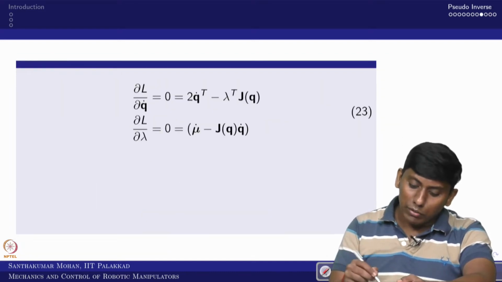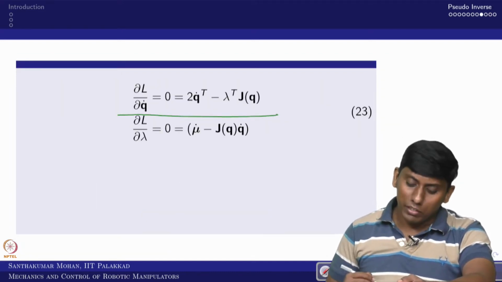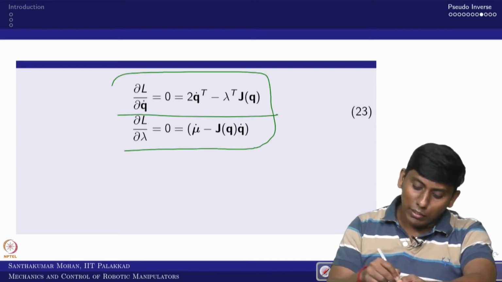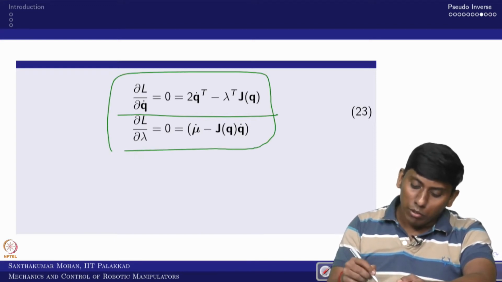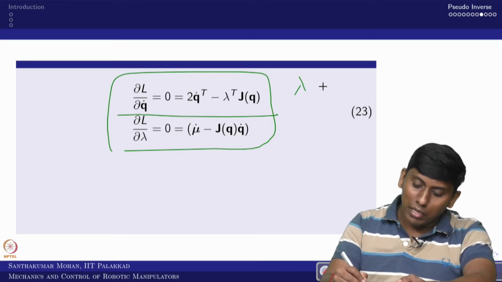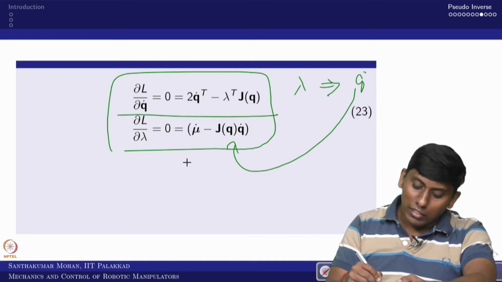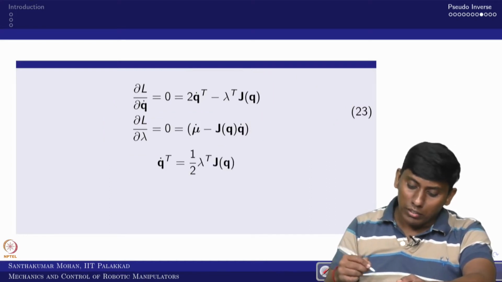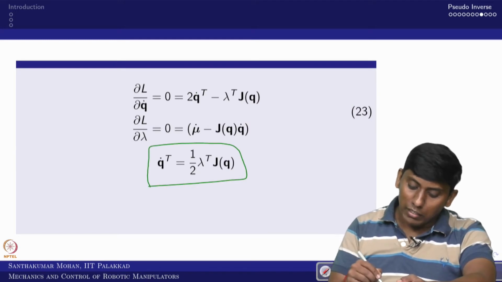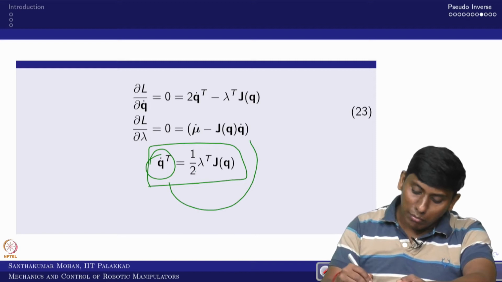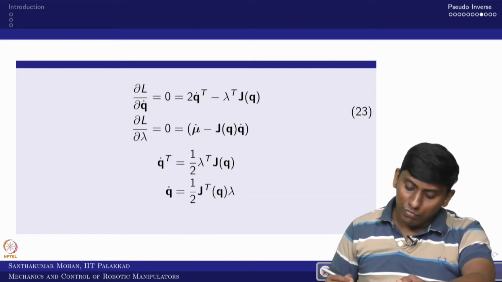First I take the partial differentiation and rewrite this into a meaningful form. I can write lambda in the form of q dot, then I can substitute here, then I can find lambda in terms of mu dot. So the q dot I have written in the lambda form, that I substitute into the second equation, right.